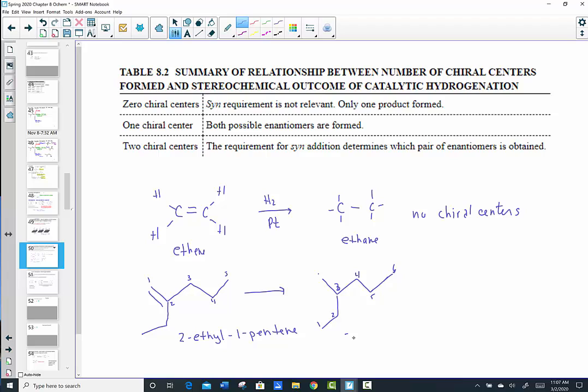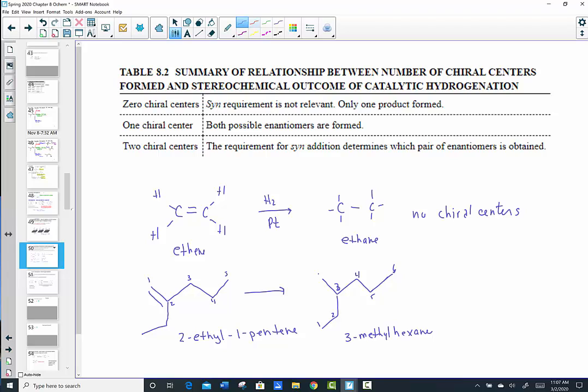At carbon number 3 is a methyl group, and that is just a 6 carbon chain now, so that's hexane. So the double bond must be in the longest carbon chain when naming an alkene, but since there is no longer a double bond in the product, we now find that we have a longer carbon chain by going to a hexane and labeling the methyl group at carbon 3.